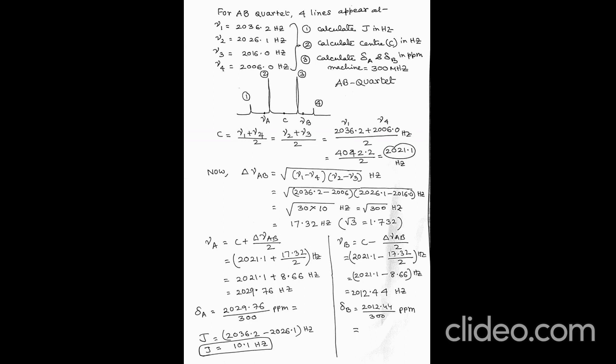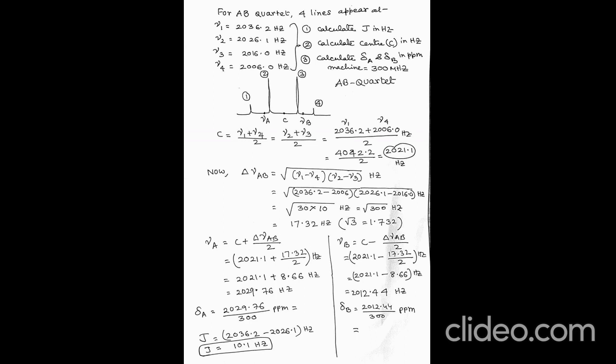If we put all these data in this equation, nu A comes to 2029.1 Hertz and nu B comes to 2019.1 Hertz. But this is not the final answer, as we have to report the delta in ppm. We know that ppm is equal to hertz divided by megahertz.